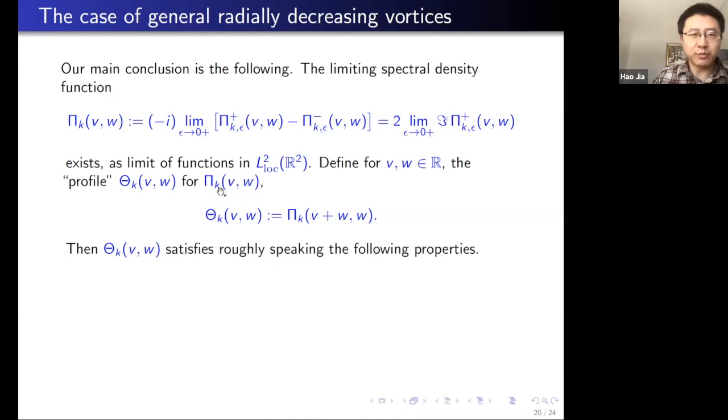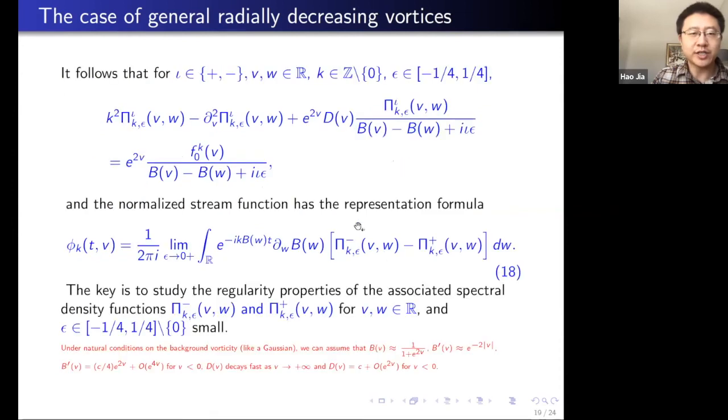The alternative would be to completely characterize the structure of the singularity. In this problem, it is very simple to do that. Basically, we make a change of variable. Instead of looking at V and W, now we look at the variable V plus W. What is the advantage of that?